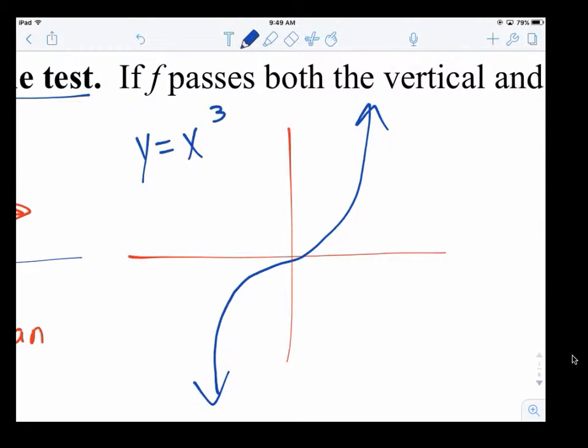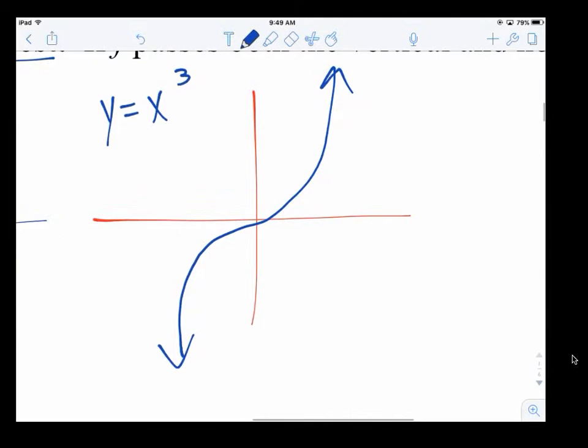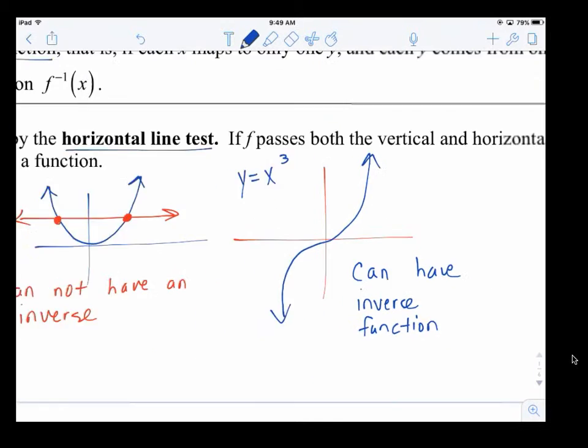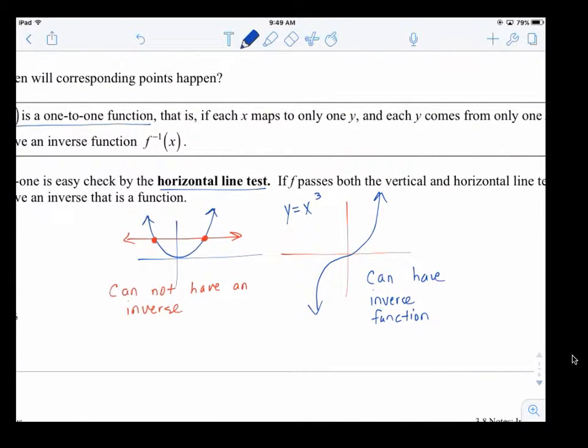That means I can find an inverse to this function, and then you would do your algebra to figure it out. If it passes the vertical, that means it's a function. And if it passes the horizontal, that means you can find an inverse function.